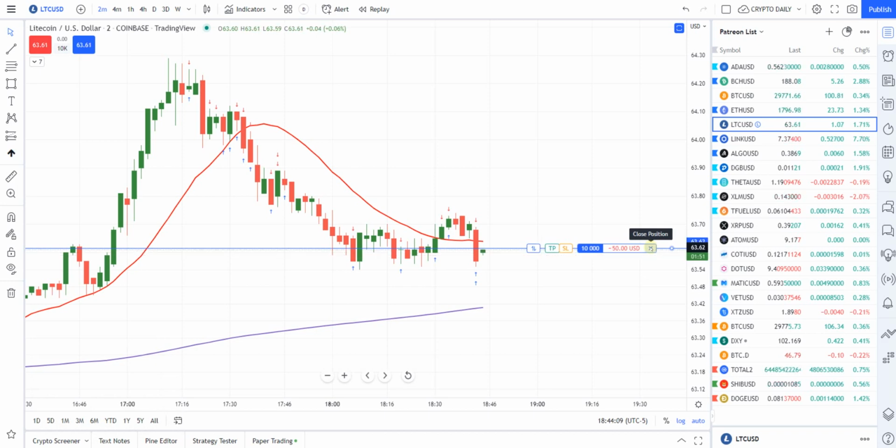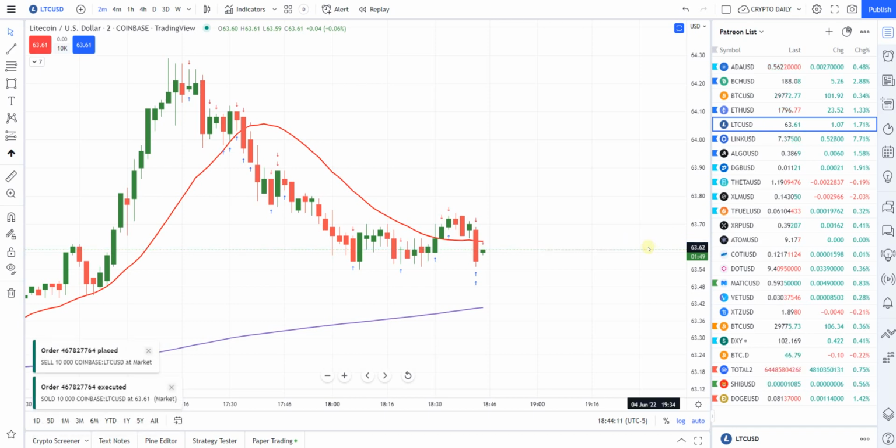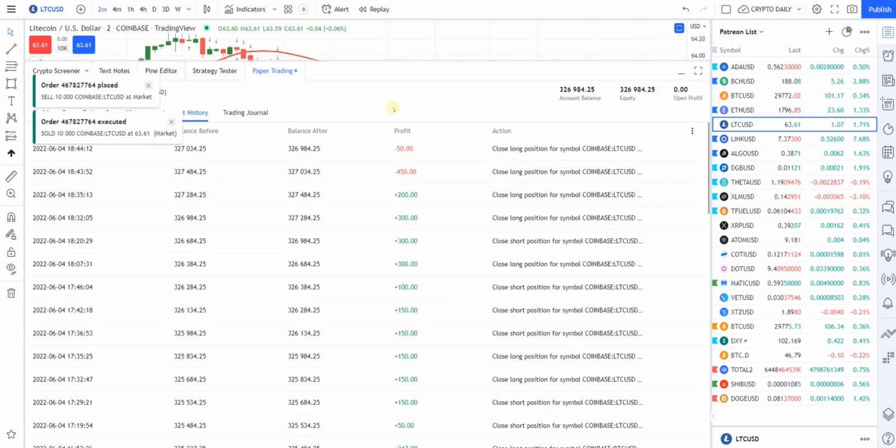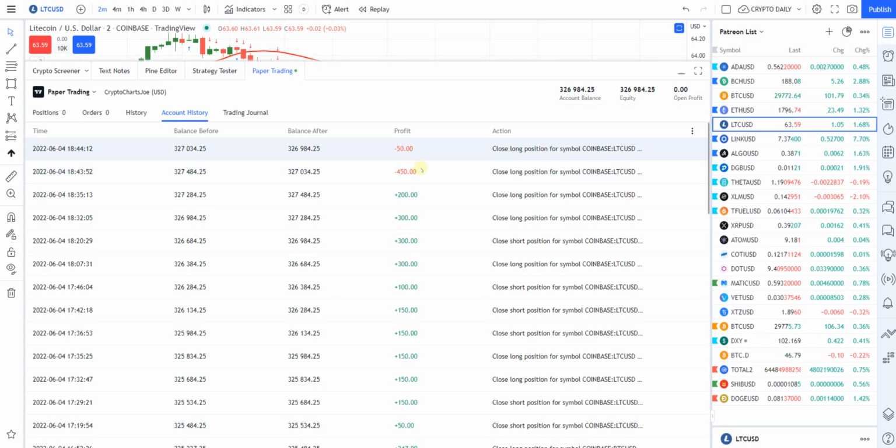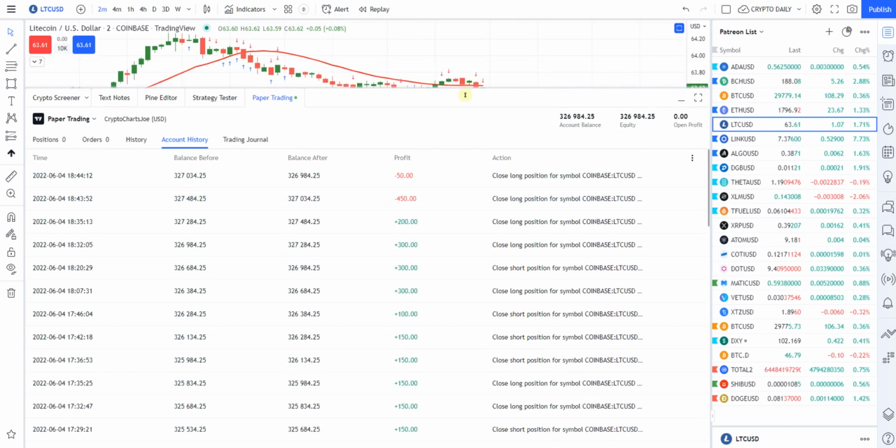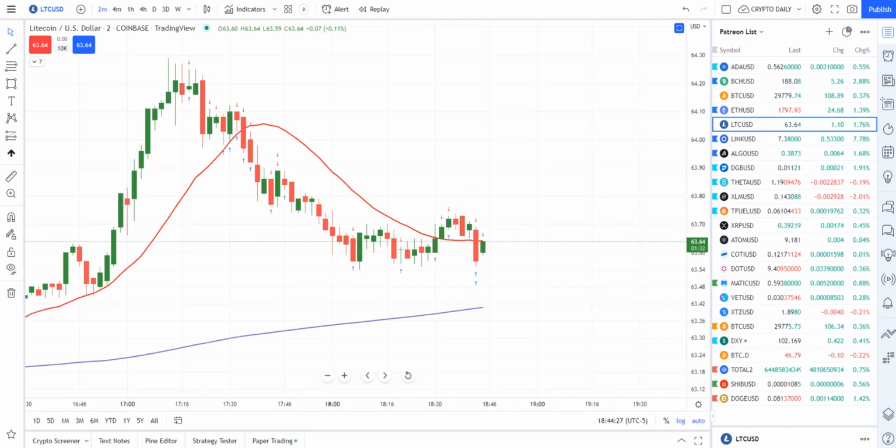Okay, we took that. I had a huge handle to the downside. I didn't want to be out 400, 500, $600, so we just took the first one 450 and then 50 out of there.